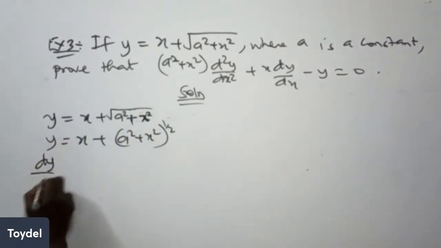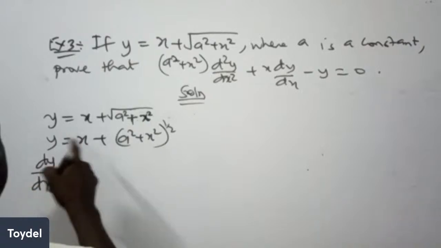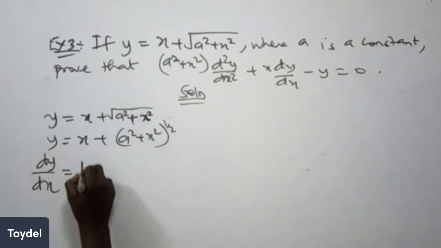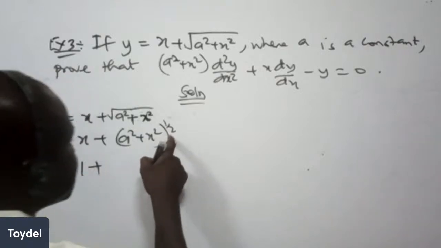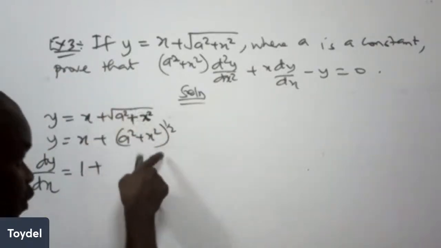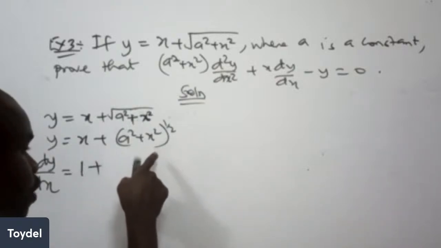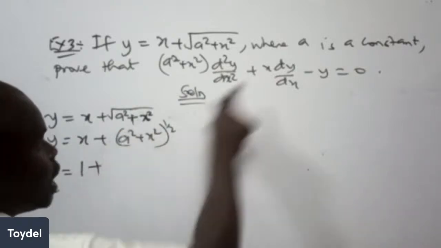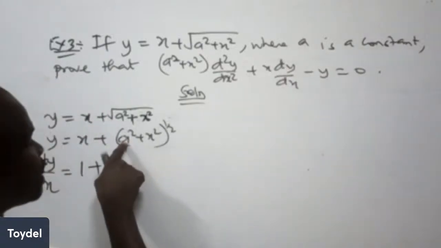So what is dy/dx? dy/dx will be the derivative of x. When I differentiate x, I'm going to get 1 plus, if I want to differentiate this now, I'm going to apply function of a function. And what do we do under function of a function? Differentiate the core. Here a is a constant, so the differentiation of a constant is 0.